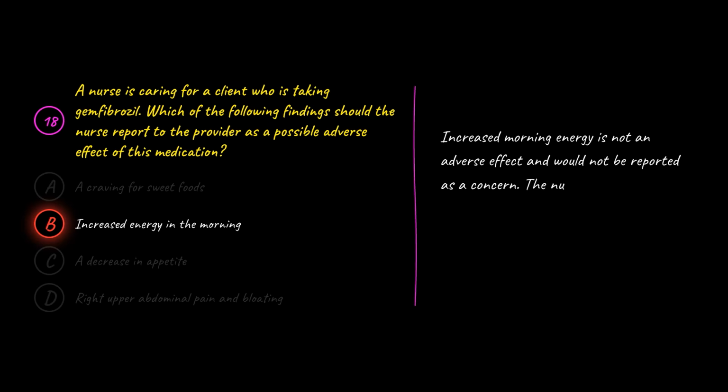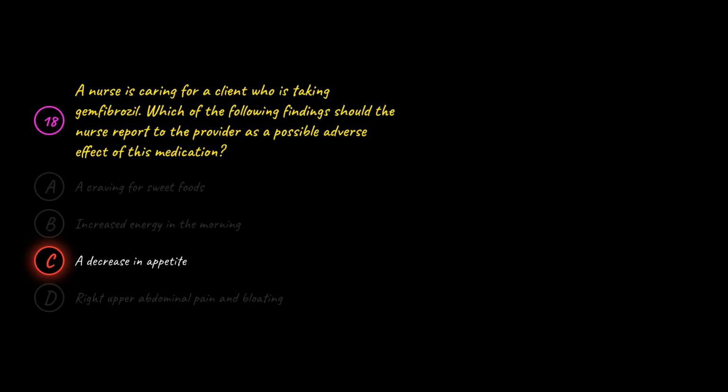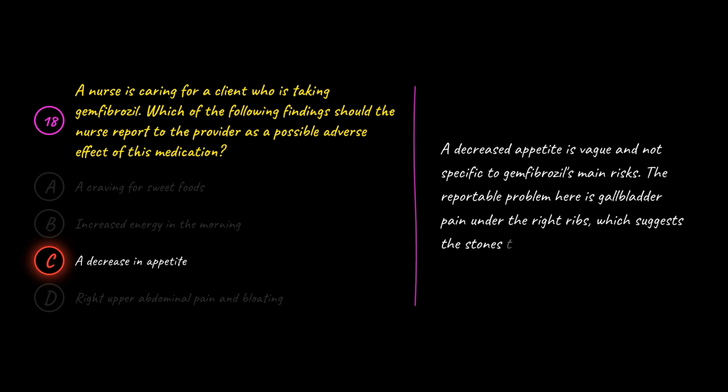The nurse instead watches for right upper abdominal pain and bloating, signs that may reveal gallbladder disease linked to fibrate use. C is wrong because decreased appetite is vague and not specific to gemfibrozil's main risks. The reportable problem here is gallbladder pain under the right ribs, which suggests the stones this fibrate can promote.